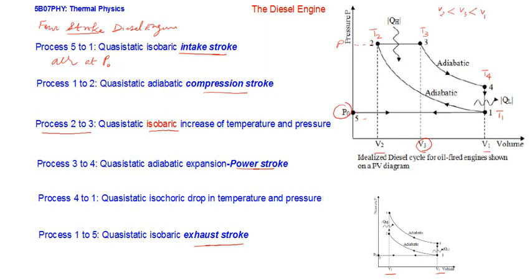At 5 to 1, that is the intake stroke, where air only is taken into the cylinder, and so the volume is varying.